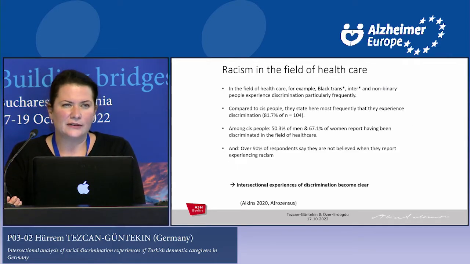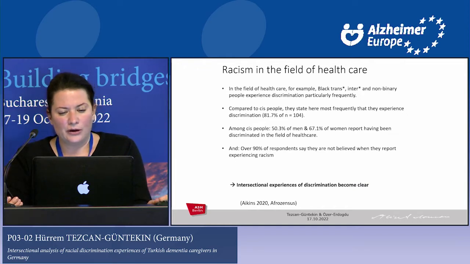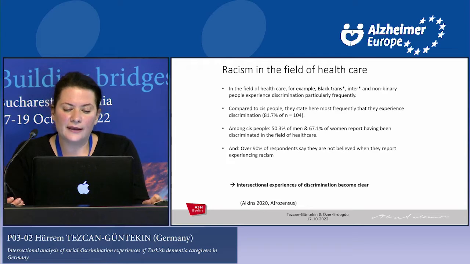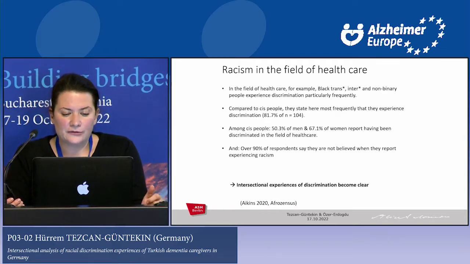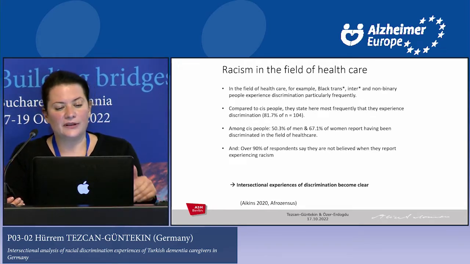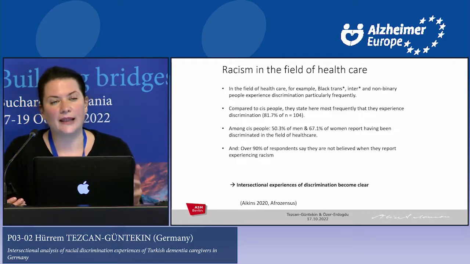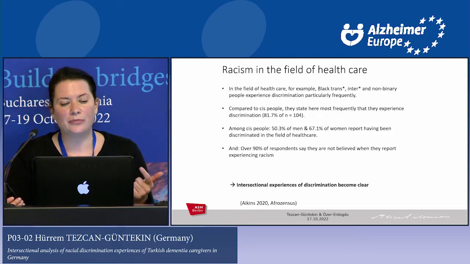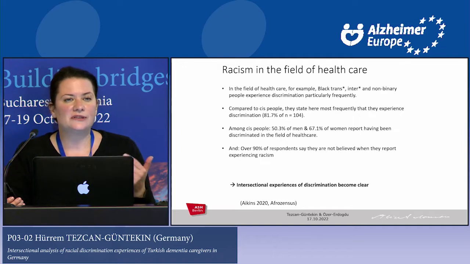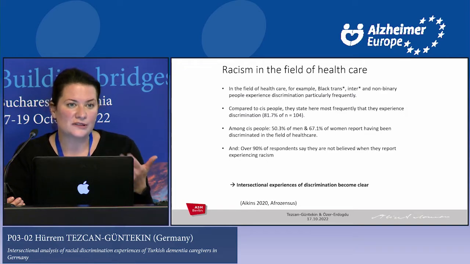We have another survey about racism in the field of healthcare from the Afrozensus. In the field of healthcare, for example, Black, trans, inter, and non-binary people experience discrimination particularly frequently. These are the first surveys in Germany which show us these intersectional effects.